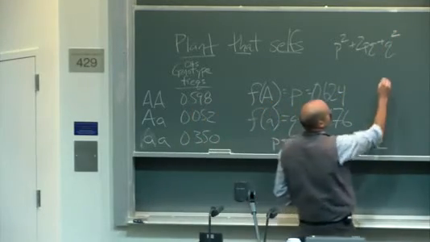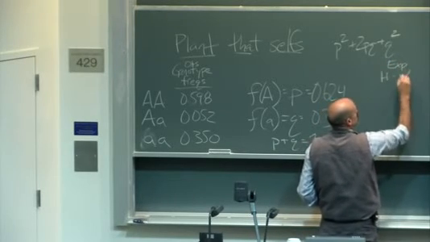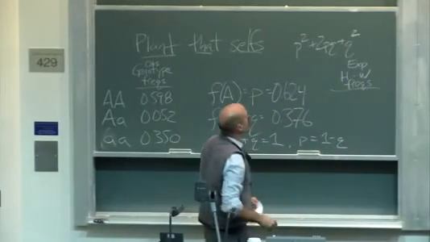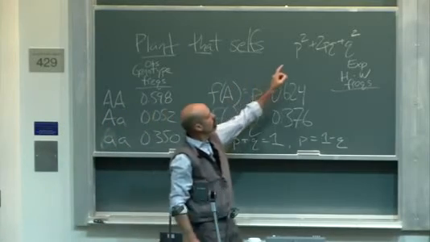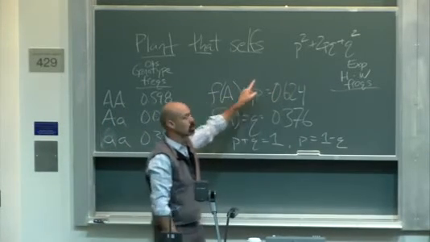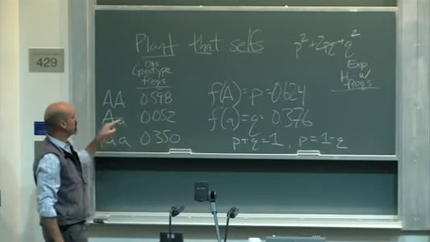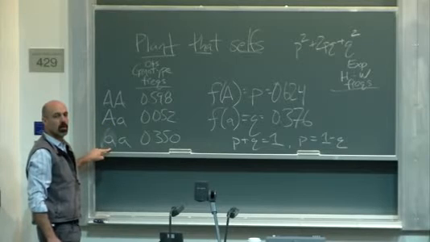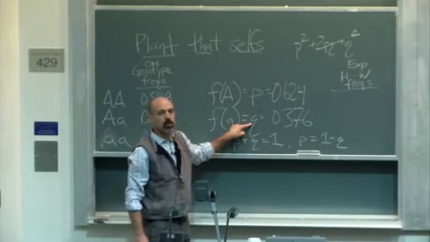So our expected Hardy-Weinberg frequencies for those genotypes, well, it's going to be P squared for your AA genotype, 2PQ for your heterozygotes, and Q squared for your little a. We have P and Q, so you just have to plug them in.